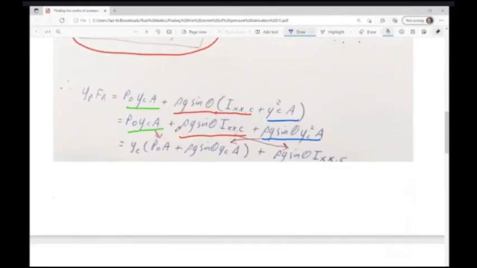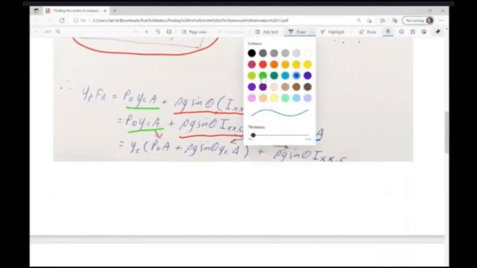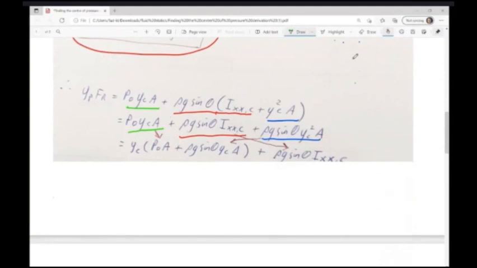If we then rearrange that and factorise it, we can see that this green term here is multiplied by yc. We can also see that this blue term here is also multiplied by yc. So that green term is now there, look, and that blue term is now here.